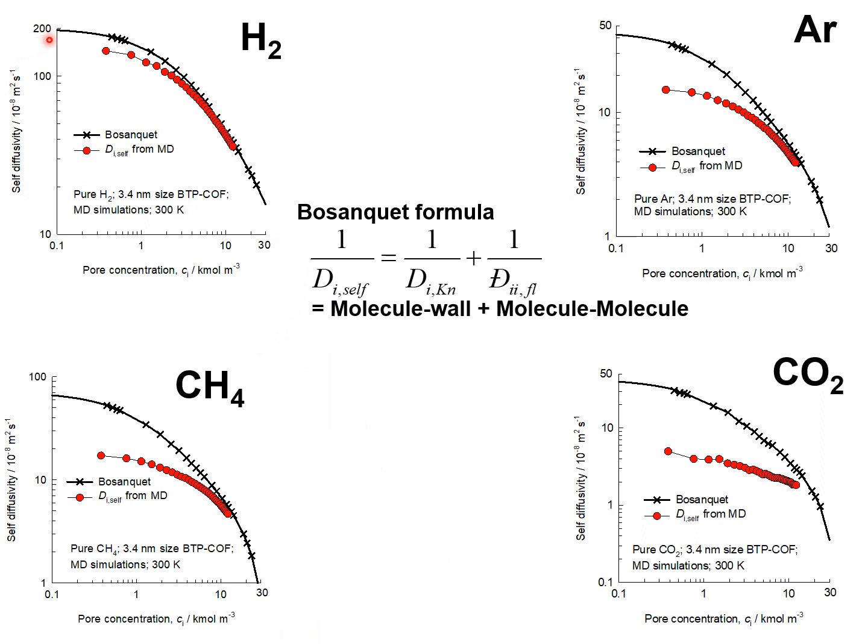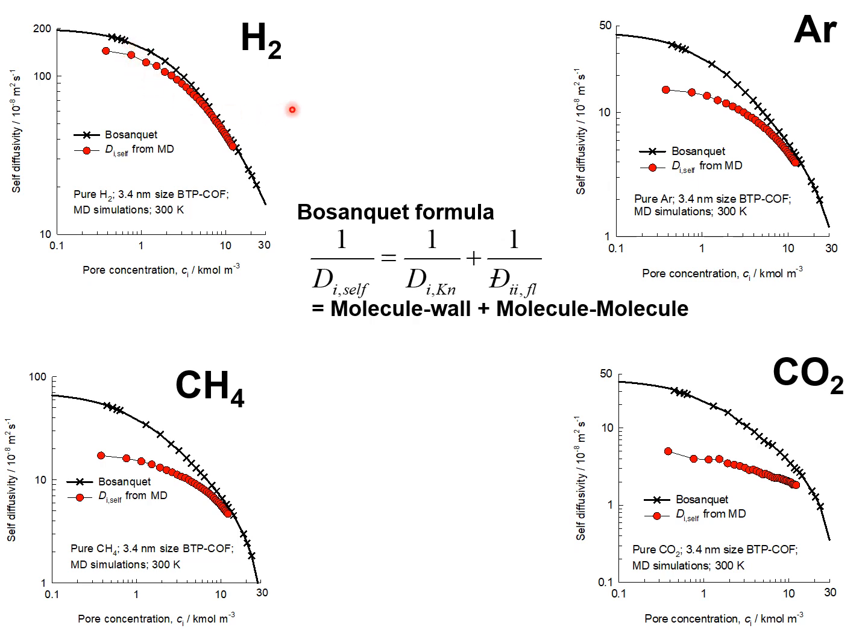The Bosanquet formula is indicated by these crosses for hydrogen, argon, methane, and carbon dioxide. The Bosanquet formula is compared with the MD simulations shown by these red circles. For hydrogen, the agreement between the MD simulations and the Bosanquet formula is very good.